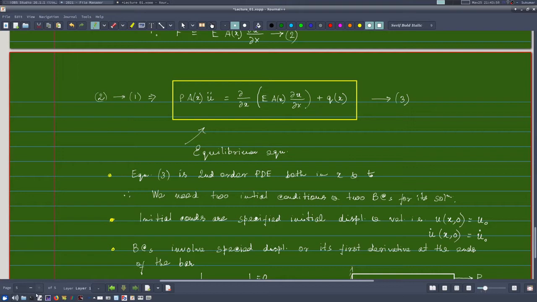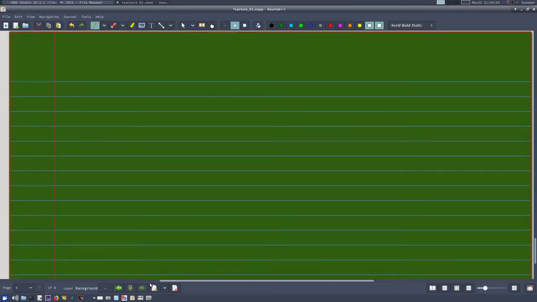And therefore, for a time invariant, static problem, my equation simplifies to d/dx of A E du/dx plus qx will be equal to 0.